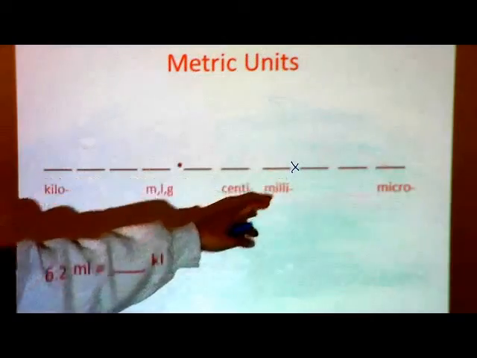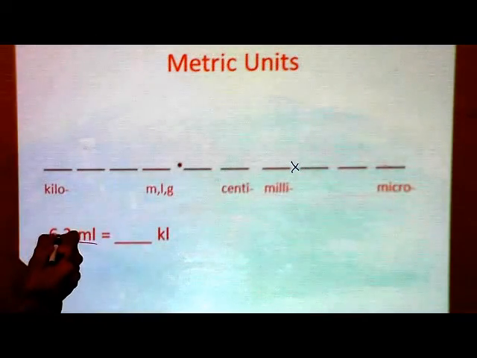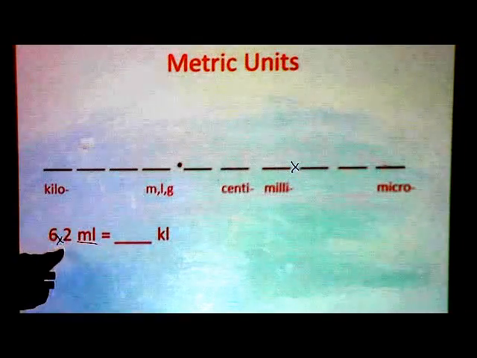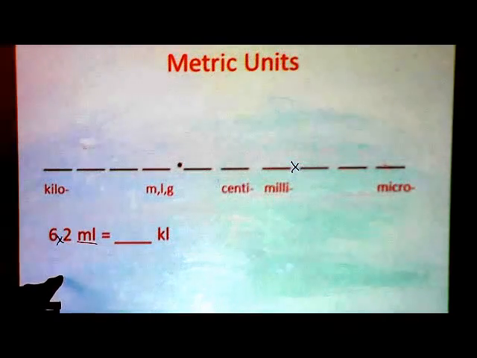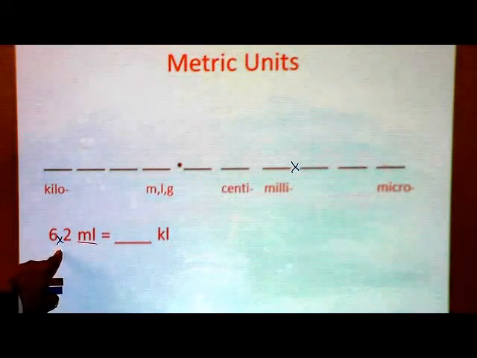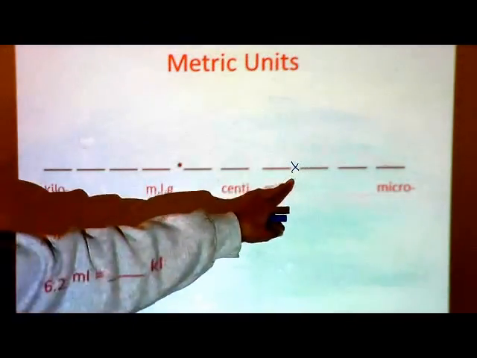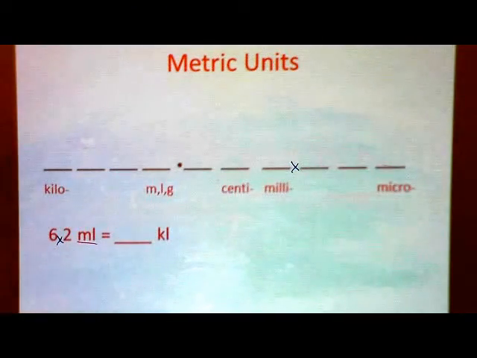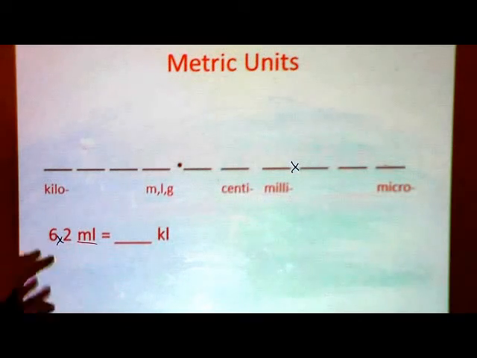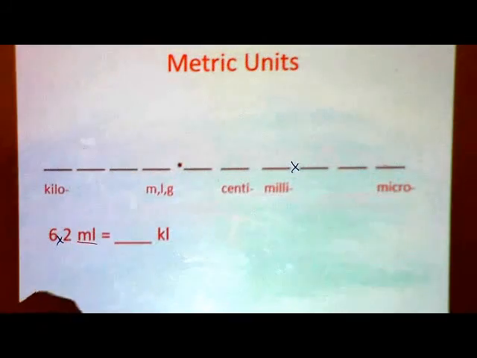Understand that this decimal point and this decimal point that you're given, 6.2, I know I've made an X so it's easier to see, but that's the same decimal point. Okay, that's critical.